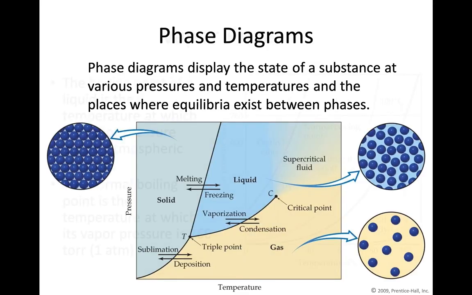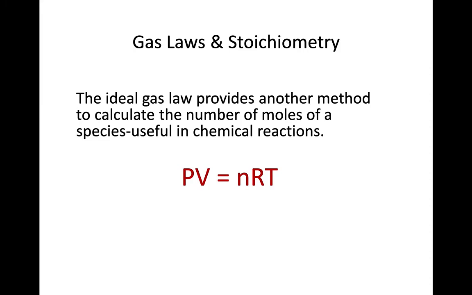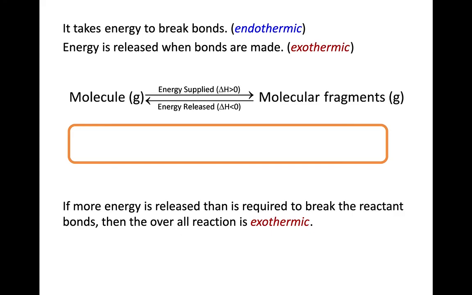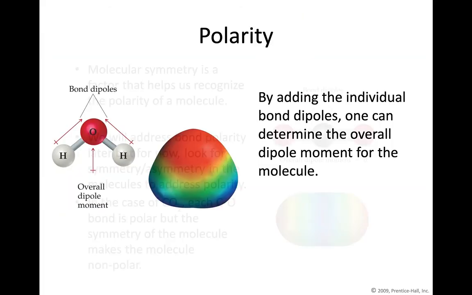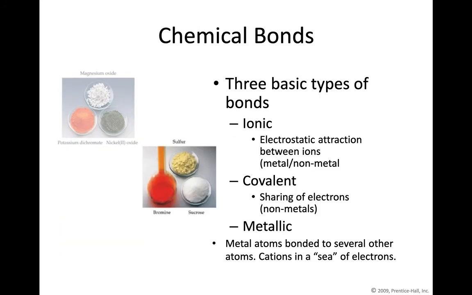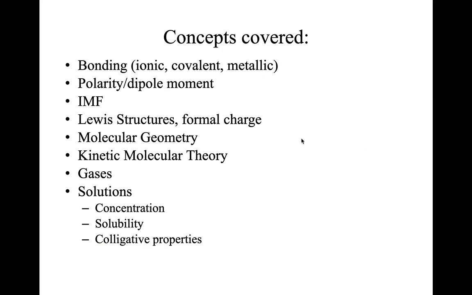Alright, let me go back all the way to that outline of ideas, just to make sure we got everything. So we can distinguish our different types of bonds. We can determine if a compound is polar based firstly on the electronegativity difference between the atoms.